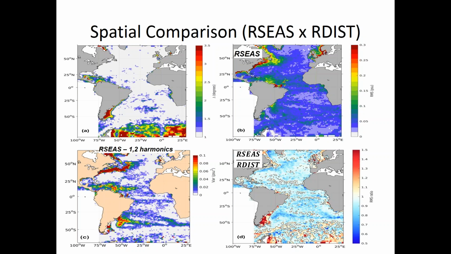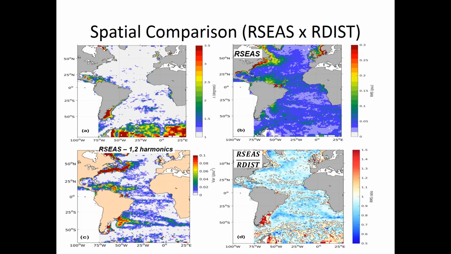And it's mostly in the fronts like the Gulf Stream and the Brazil-Malvinas, and here in the Caribbean region. So all these regions with strong variability are also where the harmonics can be very effective in explaining the salinity variability.